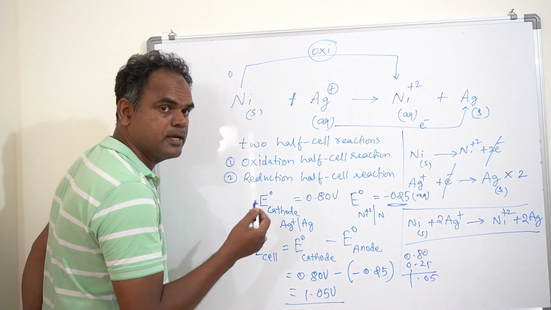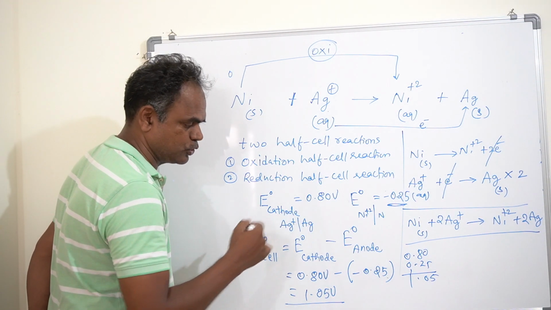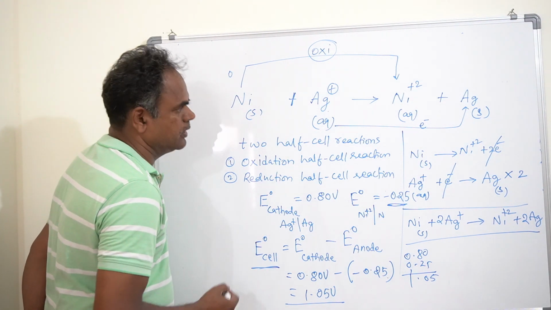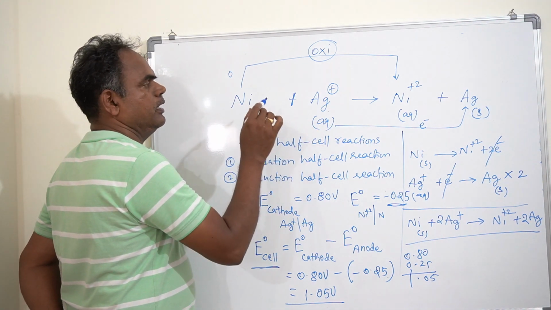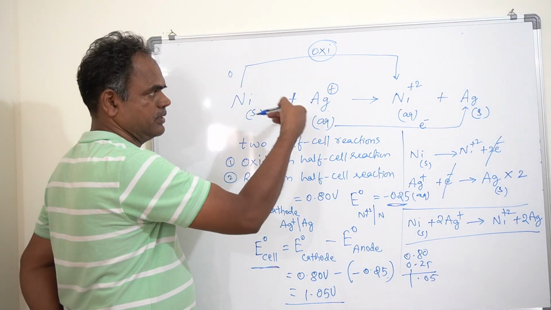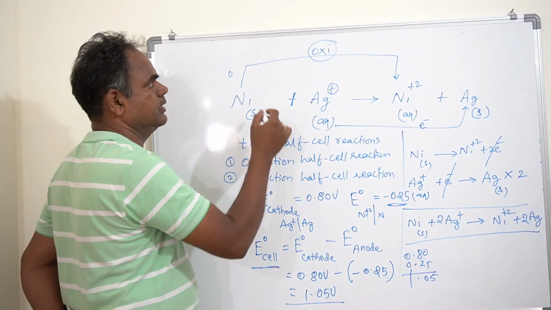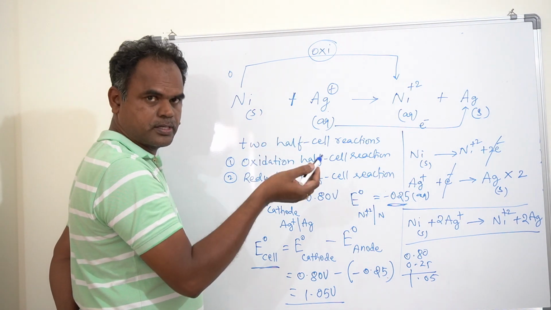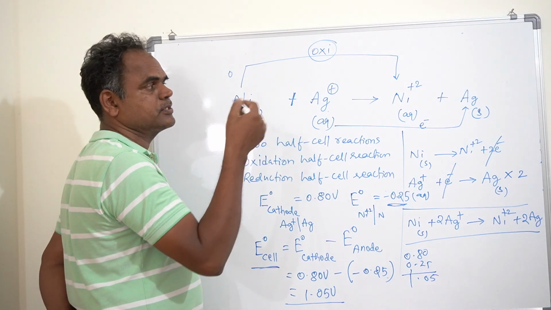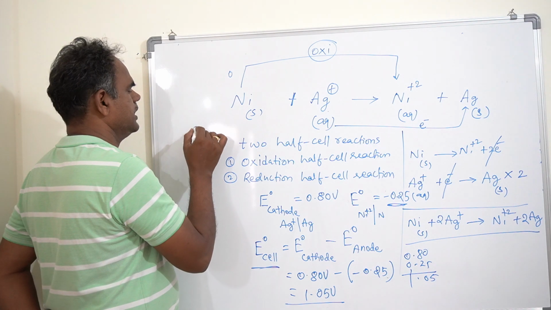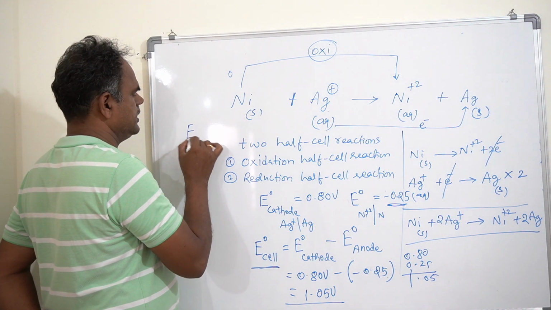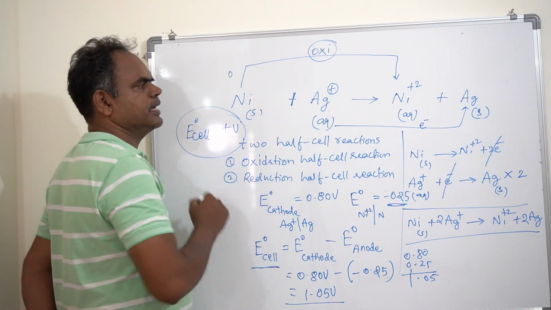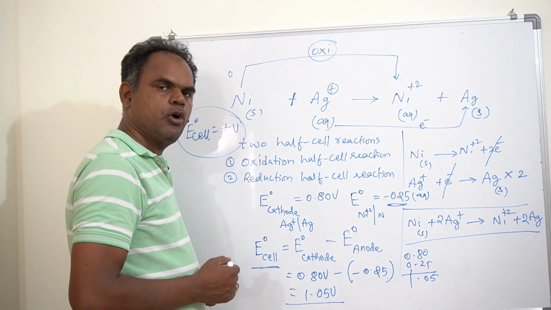This is the electrode potential difference of the two half cells, the standard cell potential. That means the cell in which this redox reaction takes place can work and perform its operations.